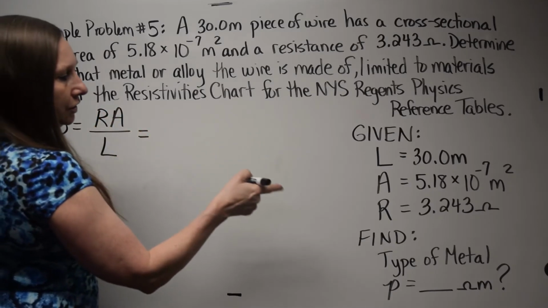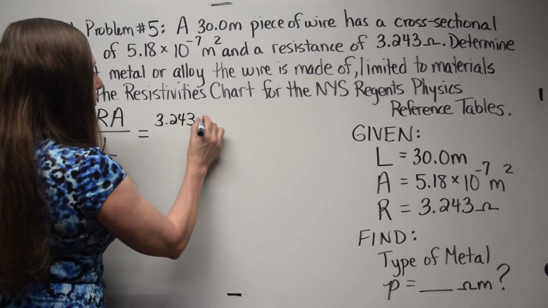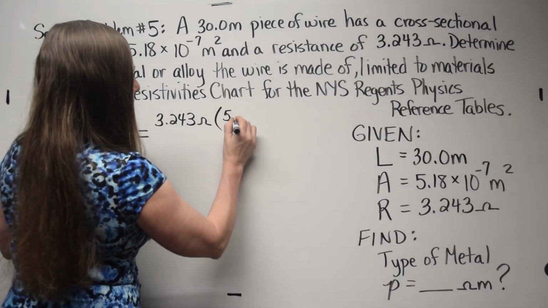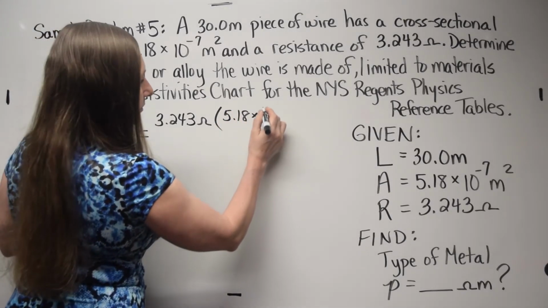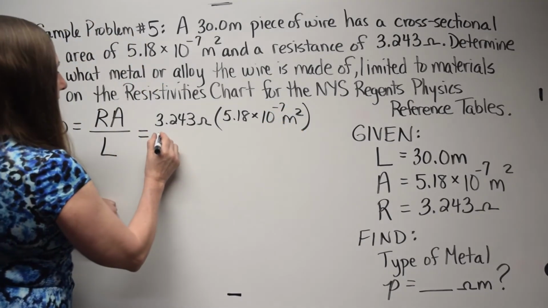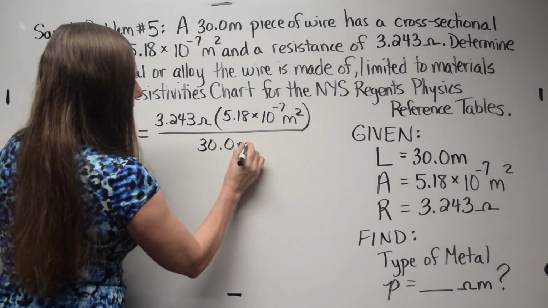So the resistance we were given, 3.243 ohms. The cross-sectional area, 5.18 times 10 to the negative 7 meters squared. And the length was 30 meters.